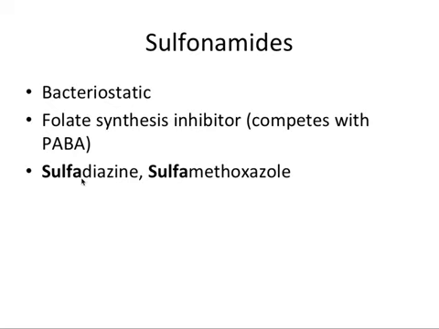Now, some examples are sulfadiazine and sulfamethoxazole. Notice this sulfa prefix is common throughout all the sulfonamides, and they're also conveniently called sulfa drugs. So if you see that prefix, think sulfonamide, think folate synthesis inhibitor.